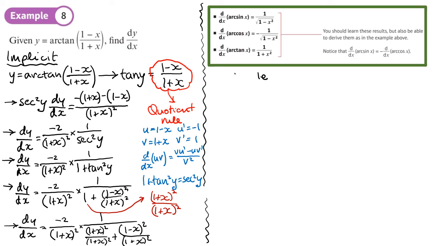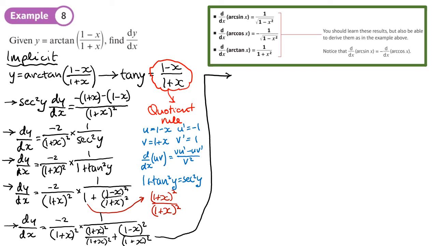Let's get rid of that, and we'll carry on with this question over here at the top. Right, so now I can put these two together over the same denominator.